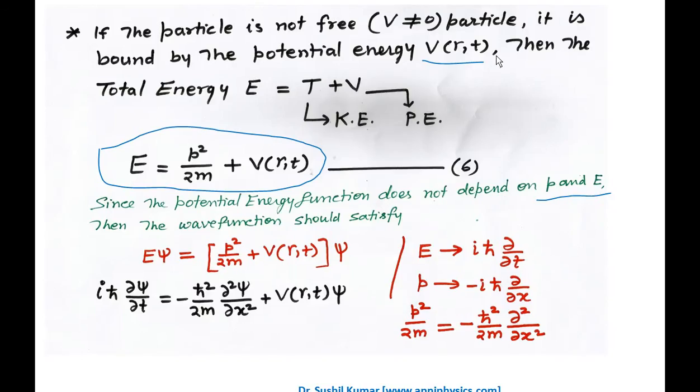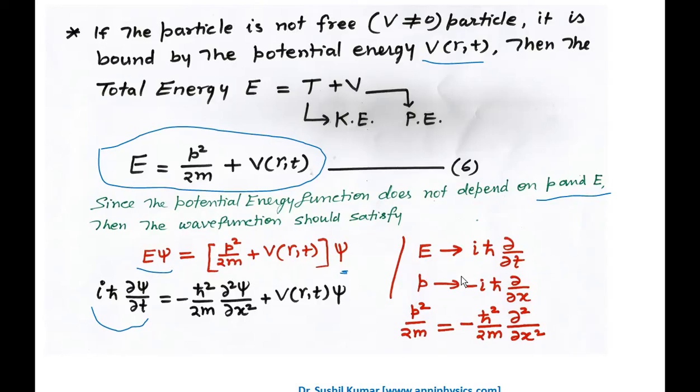So the wave function psi should satisfy this condition. So one can multiply this E, the sum of these two energies, by psi. So E psi, you know, is equal to iota h cross del psi upon del t, and p square upon 2m, if I use the energy and momentum operators.